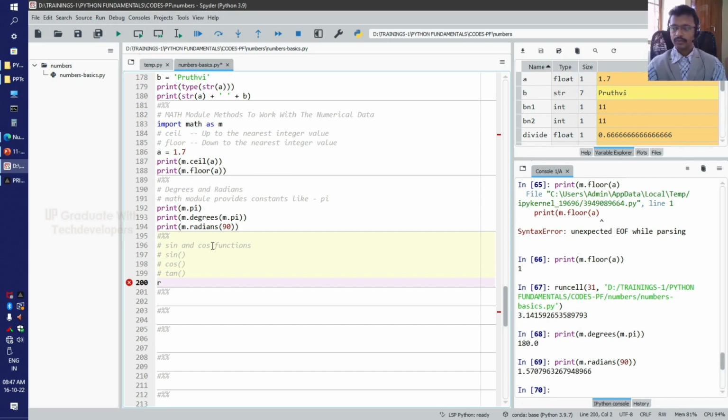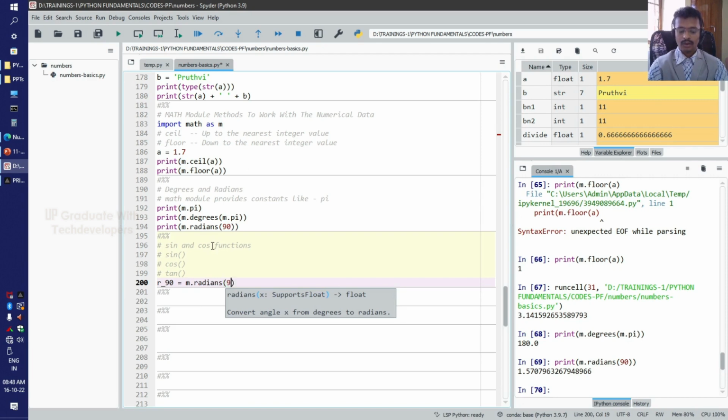Let us find the sine value of the radians of 90 degrees. First we need to find the radians of 90 degrees. Use r underscore 90 degree, which means radians in 90 degree, is nothing but math dot radians, then 90 degree.